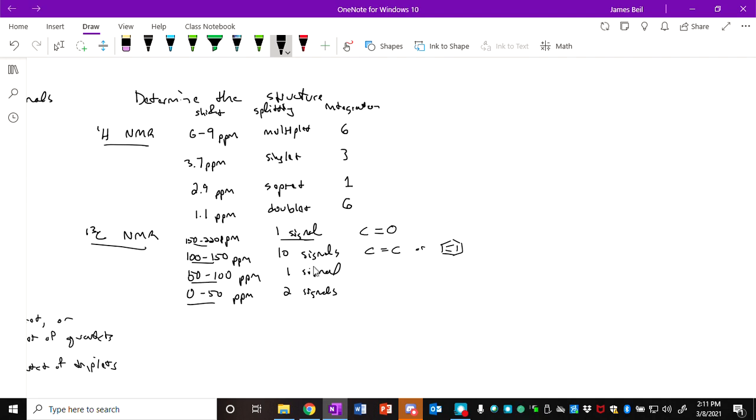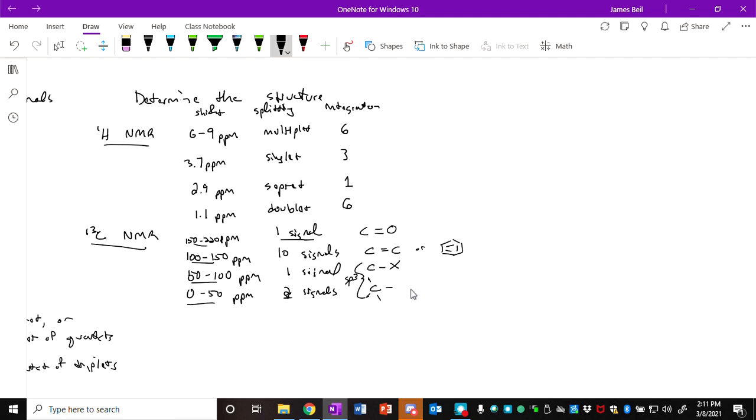Signals between 50 and 100 for carbon are usually when carbon's bonded to something electronegative like oxygen. And signals between 0 and 50 are sp3, a carbon that's just got 4 bonds to stuff. We don't really know more than that. And so that gives me a sense for the types of carbons.